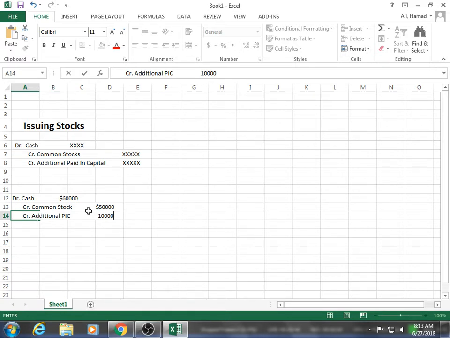We don't have preferred stock at this time. So our contributed capital as of this moment is only the par value of the common stock, $50,000, and then the additional paid-in capital, $10,000. So total stockholders' equity at this time is $60,000. The retained earnings is zero as of this moment.